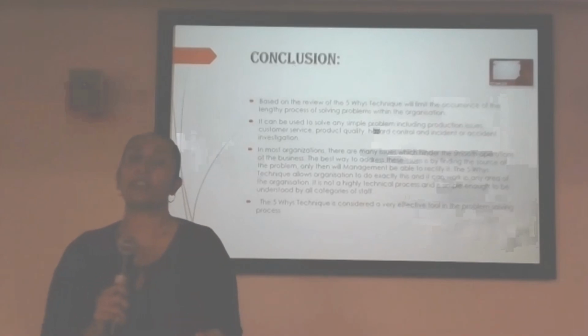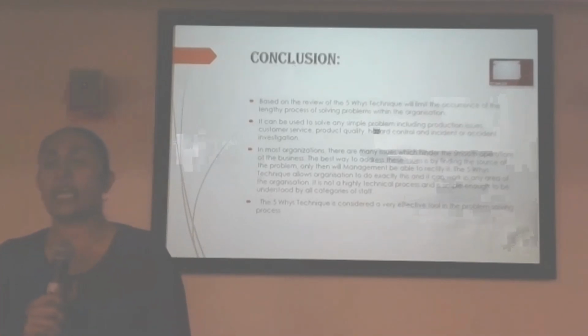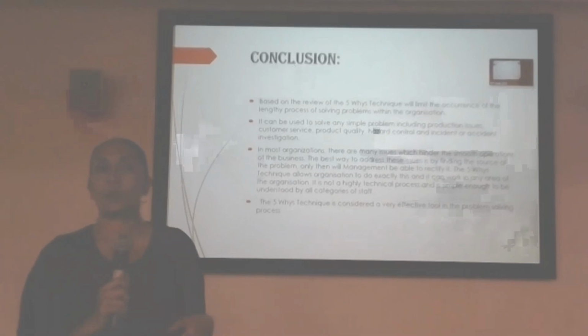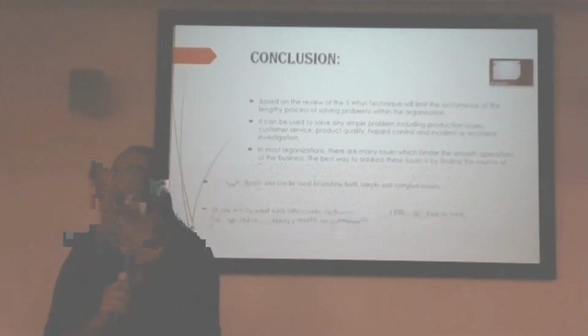So based on this little introduction to the 5 why technique, it shows that this is a process that can cut back on time from something that would have been a very lengthy process. It can make problems pretty simple to solve. It can also be used for any issues in terms of production, customer service, and product quality.